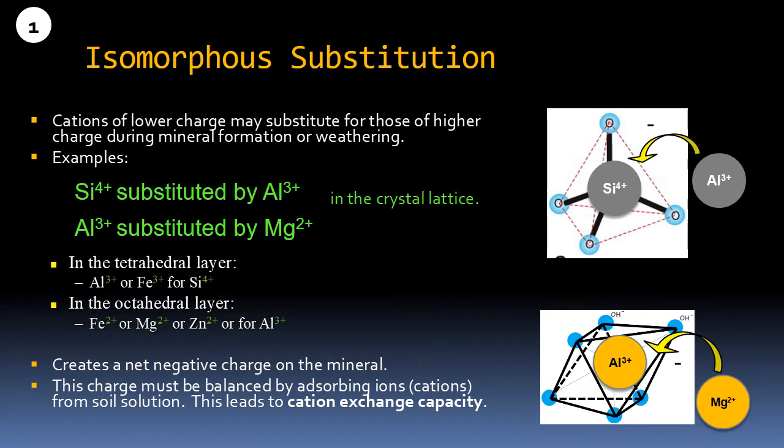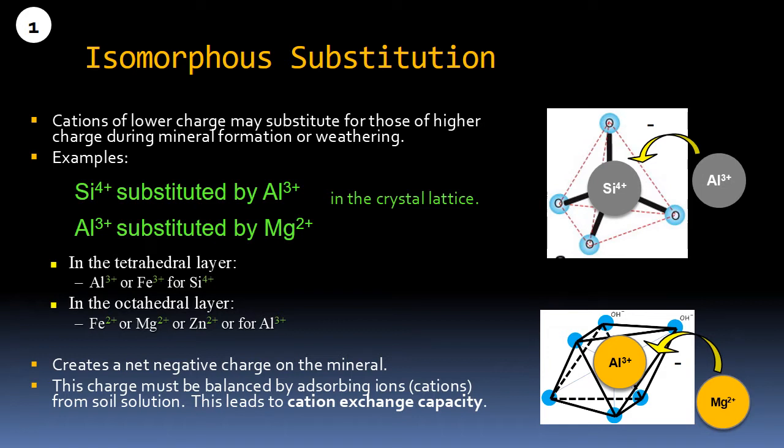In the tetrahedral sheet, aluminum and iron can replace silicon. And in the octahedral sheet, where you have aluminum at the center, it can be replaced by something with the same size but lower charges, like iron, like magnesium, or like zinc.